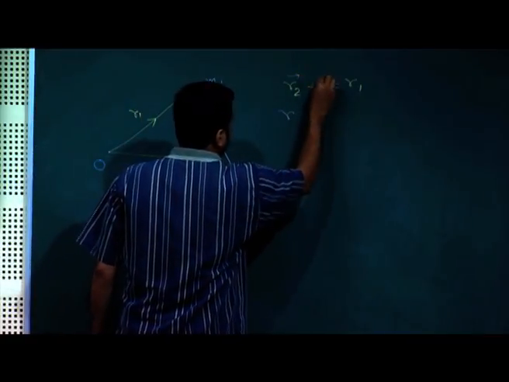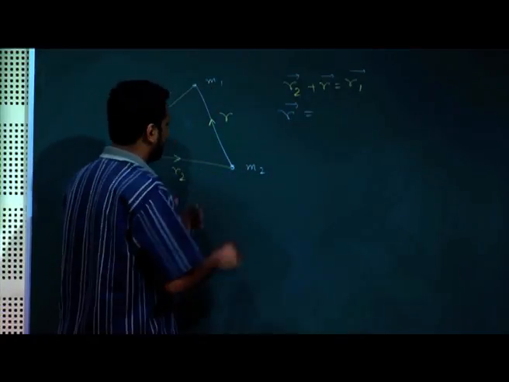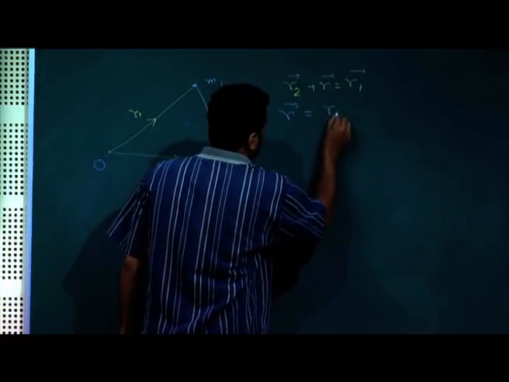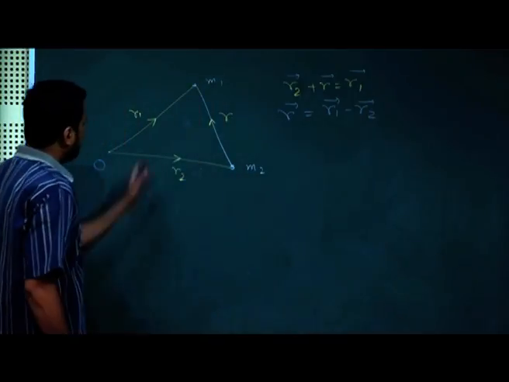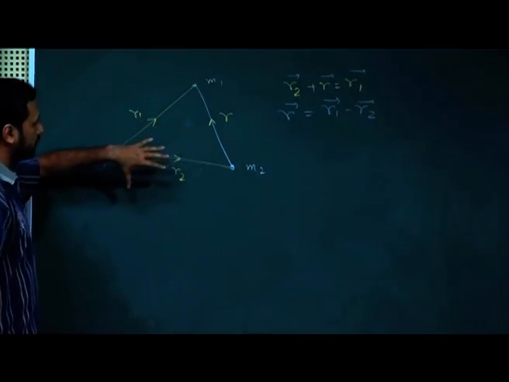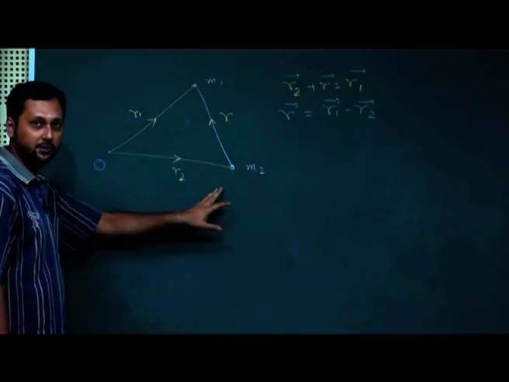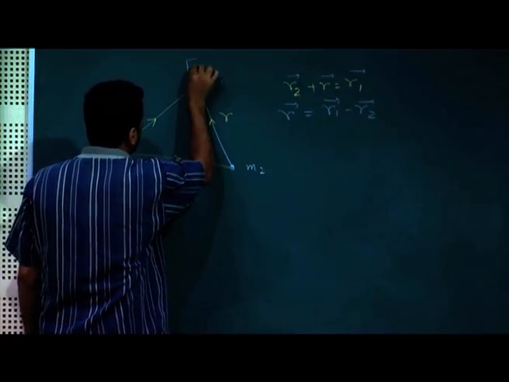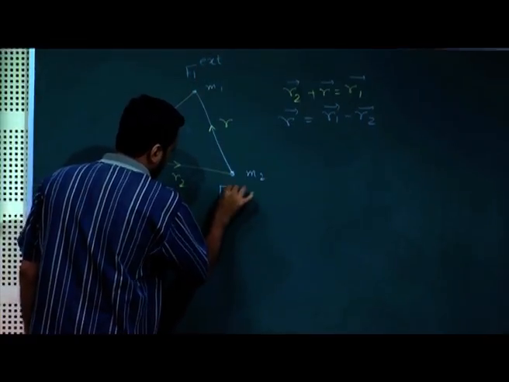So, these are vectors. So, r is equal to R1 minus R2. So, we have two point masses, and let us assume the overall external force being experienced by this two mass system. At the position of M1, the magnitude of the force is F1 external, and here the force is F2 external.